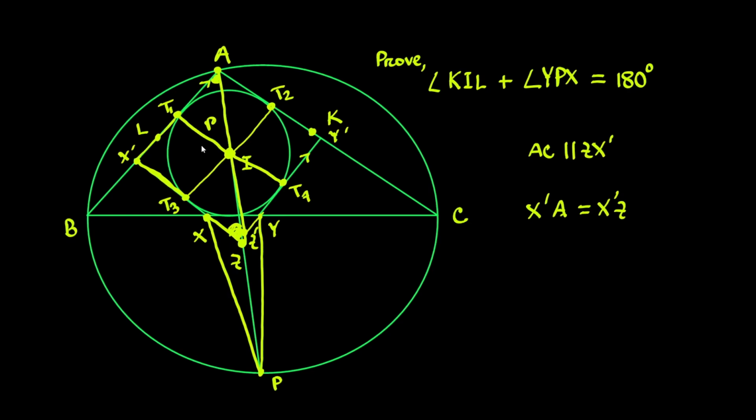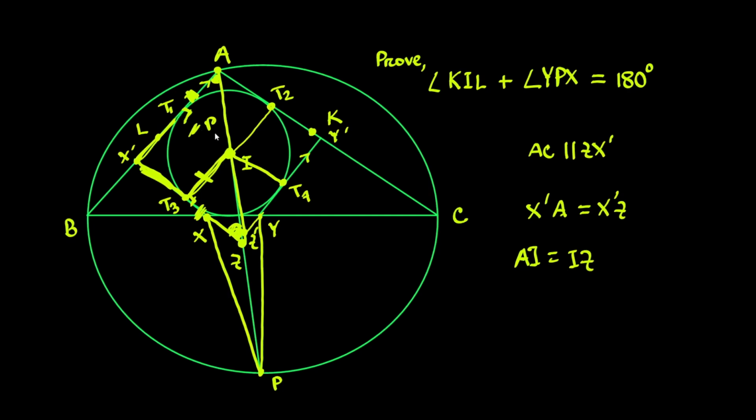So AT1 is equal to T3Z, and these two triangles AT1I and IT3Z are congruent. That means AI equals IZ.